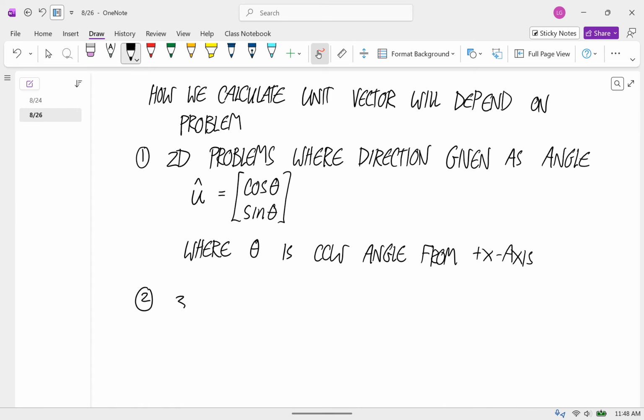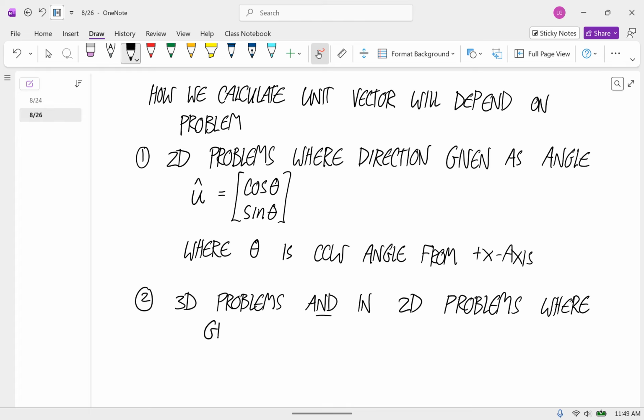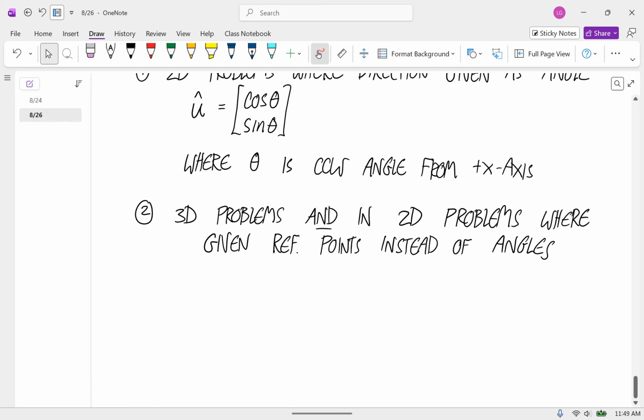Second, for 3D problems, no matter what in 3D, and in 2D problems where you're given reference points instead of angles, we're going to define a vector that goes from one reference point to the other.